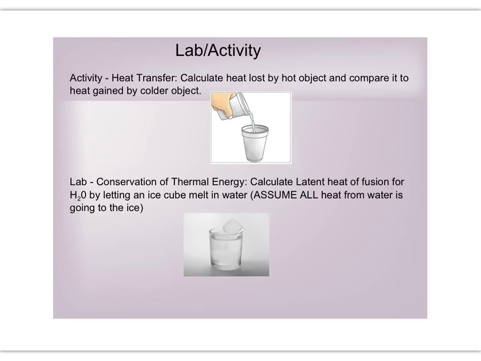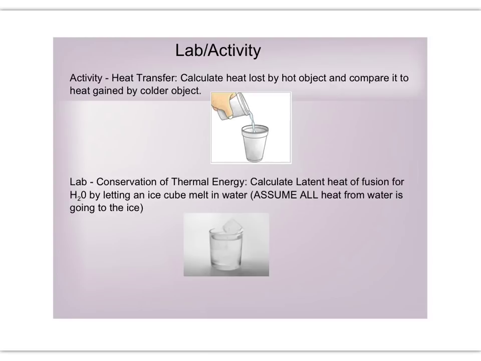And the second one is a lab. This one is just, you are supposed to figure out the latent heat of fusion for water. We do know it, so you can certainly compare to the known value. But you're going to do this by taking a sample of water, putting an ice cube in it, knowing the temperature of the ice cube before, knowing the temperature of the water before, and then finding the temperature after the ice fully melts.